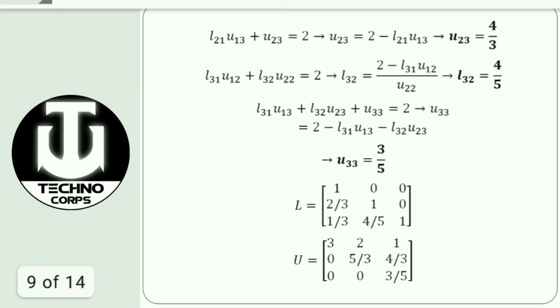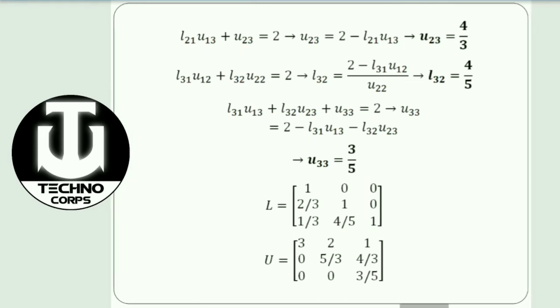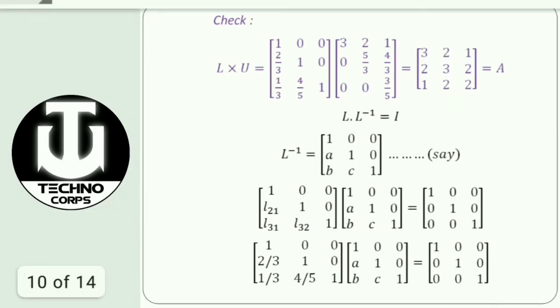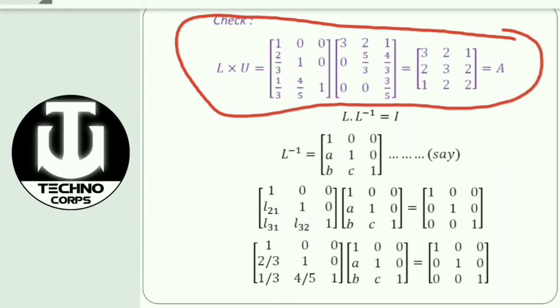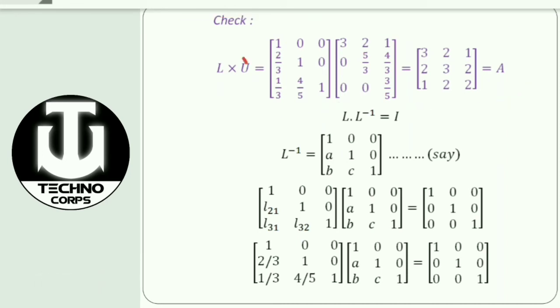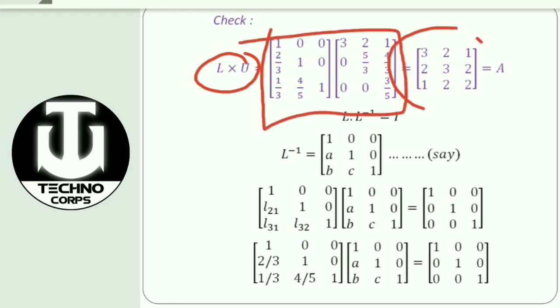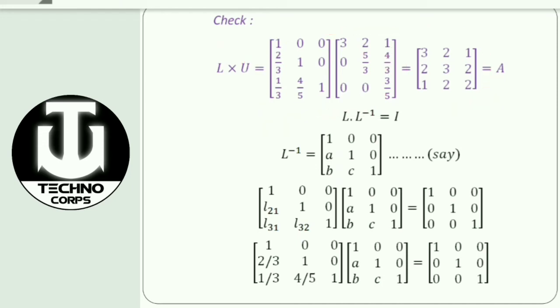Okay, so by getting all these values, I can define my L and U. So I found the value of L and U, right? Now let's go for the solution of L inverse and U inverse. Yes, one more thing we can do is check: after calculating the value of L and U, just check whether the product of these two matrices comes out as your given matrix or not, because it is somewhat a lengthy calculation.